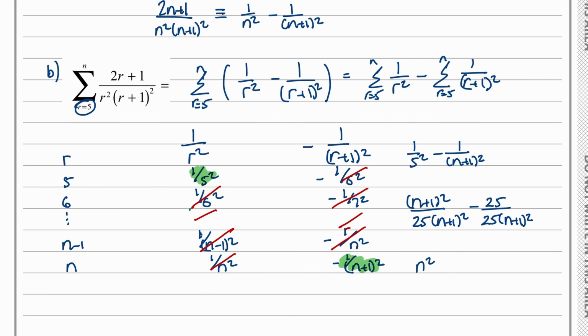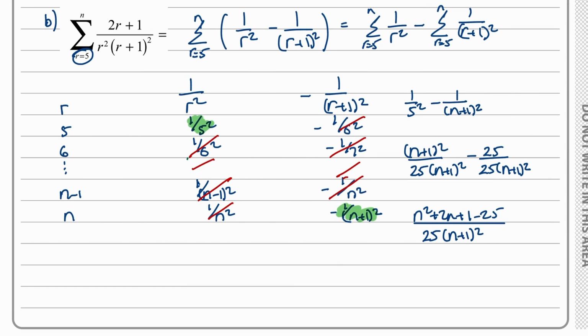So n squared plus 2n plus 1 minus that 25 over that denominator. We'll tidy up our numerator, and we've got n squared plus 2n minus 24 over 25 times n plus 1 squared.